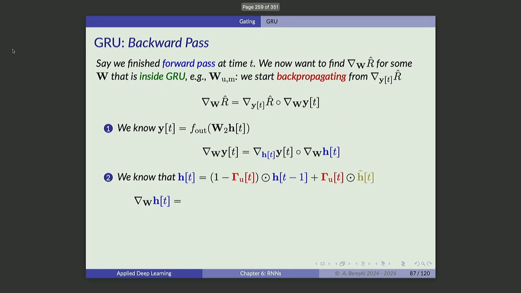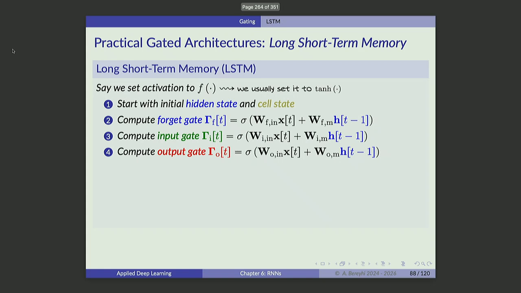Okay. Great. Now LSTM, the most practical one. By the way, did you know the very first commercial language models, the ones people started to talk with, were implemented with LSTM?